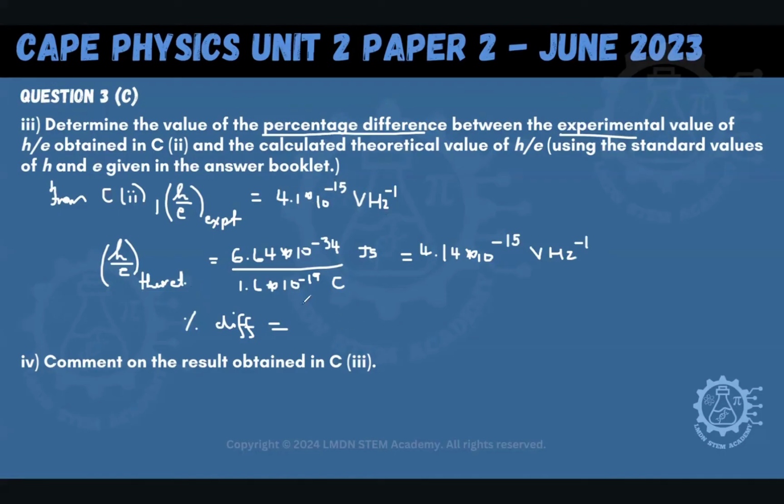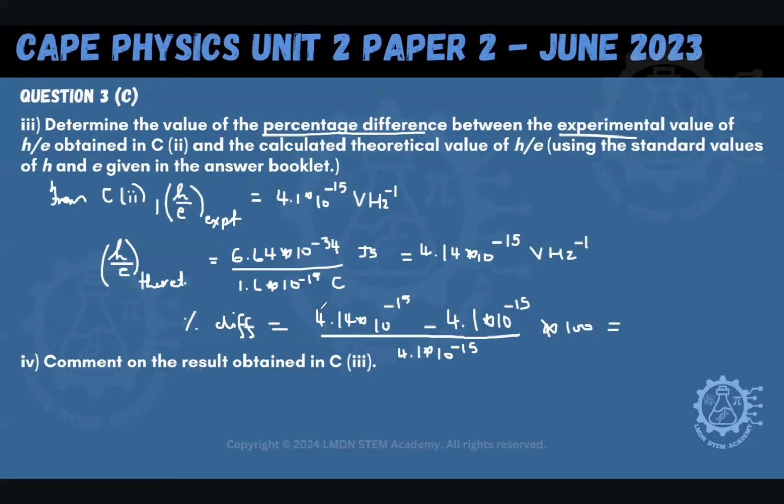So the percentage difference will be my larger value, the theoretical value, minus my experimental value that I got, 4.1, from my gradient. Then we divide that by the smaller of the two, which is the 4.1, the experimental value, and then multiply by 100.